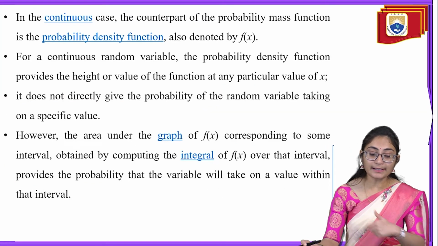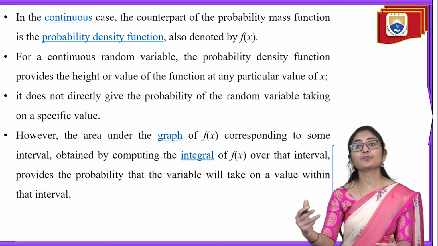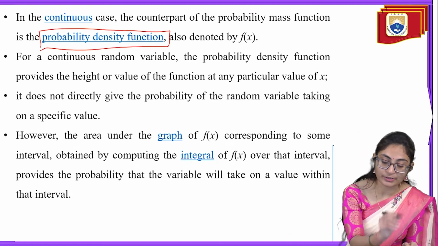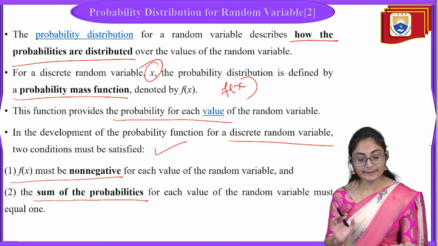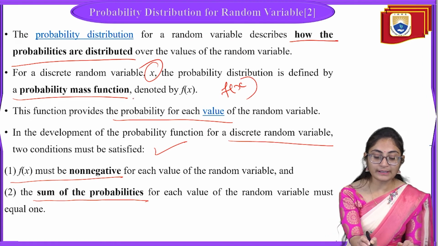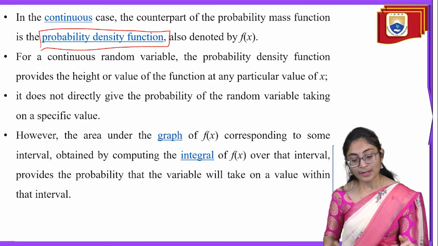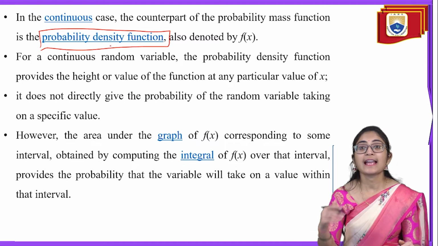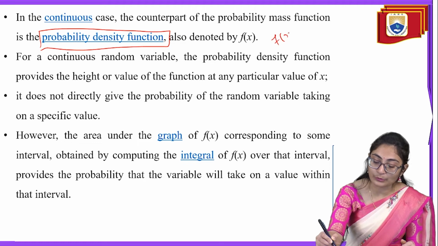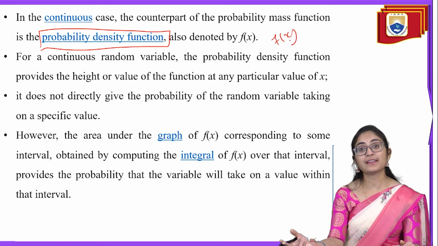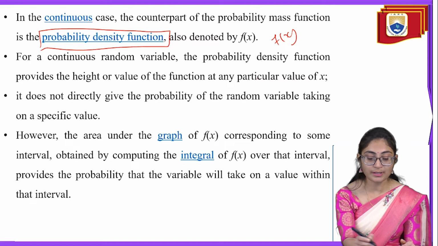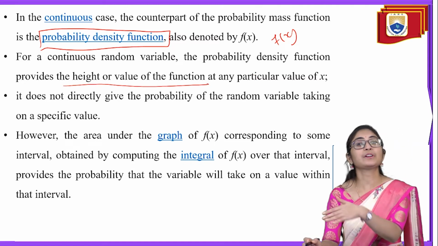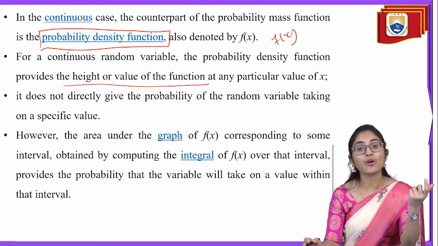Now, in the continuous case, the counterpart of the probability mass function is the probability density function. In discrete, we have the probability mass function, but in continuous we have the probability density function, which is again denoted by f of x. For a continuous random variable, the probability density function provides the height or value of the function at any particular value of x.